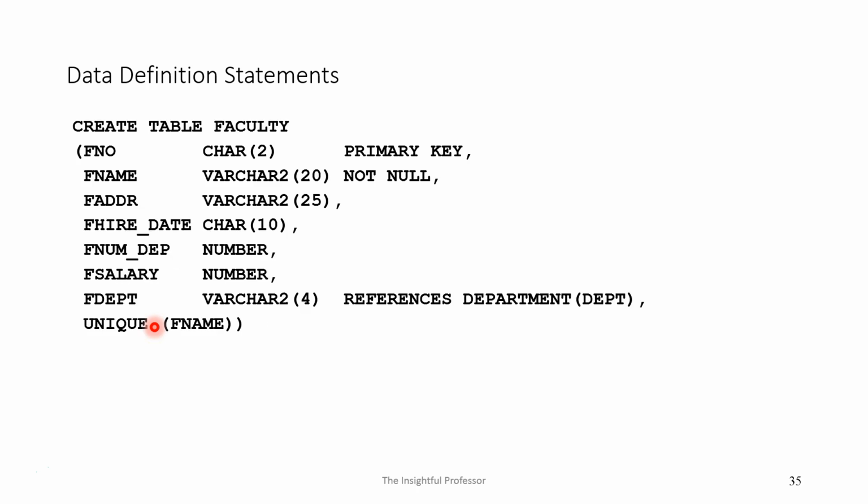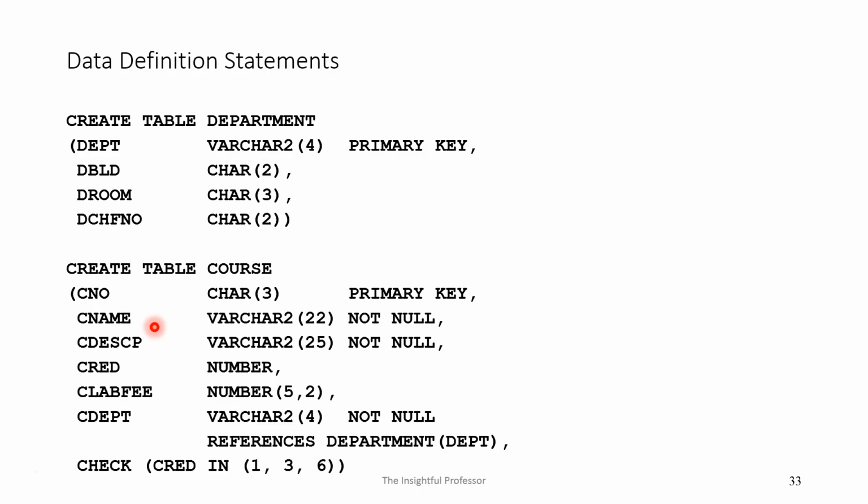This is why, when I created department, I said, here's the primary key, but I could not say DCHFNO references faculty because I have not yet declared faculty. Creating the department table would fail if I tried to do that all in one shot because faculty doesn't exist.